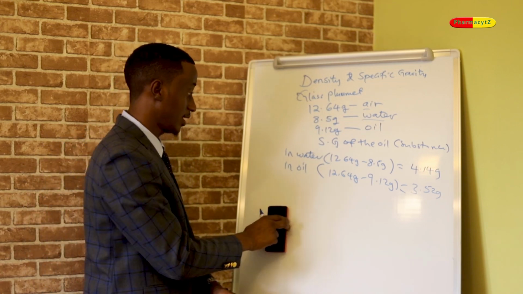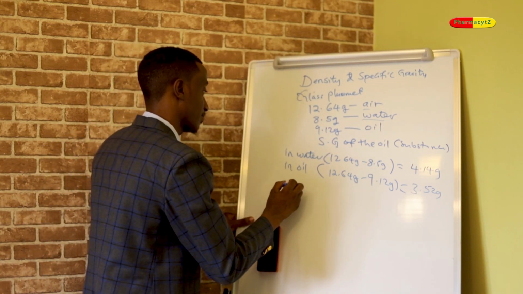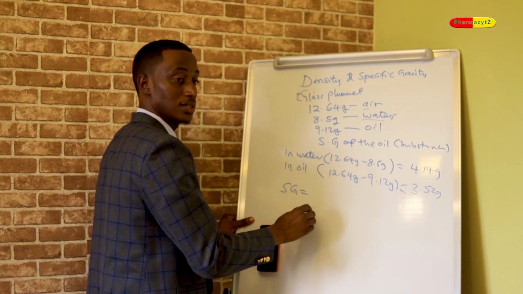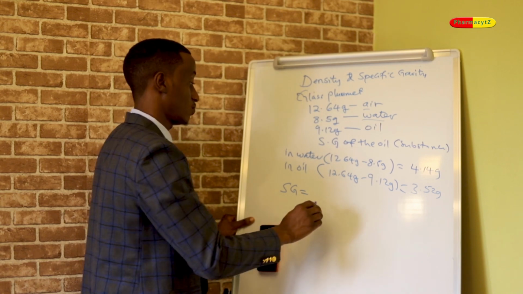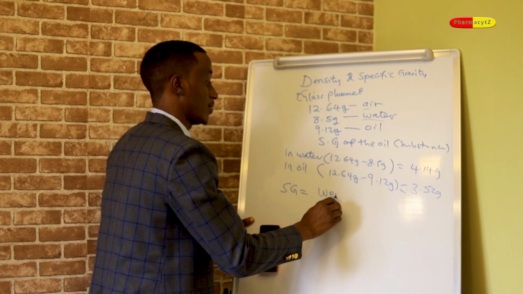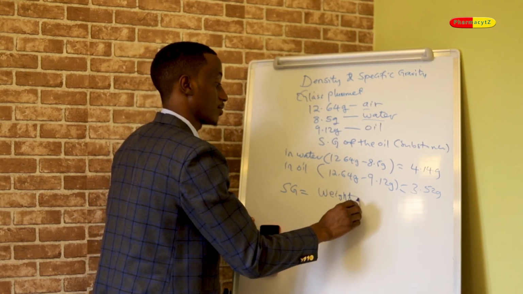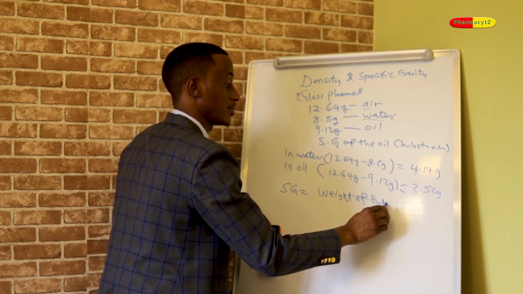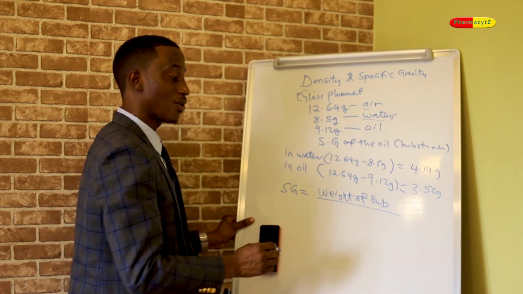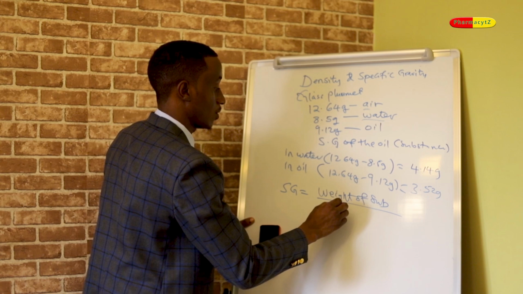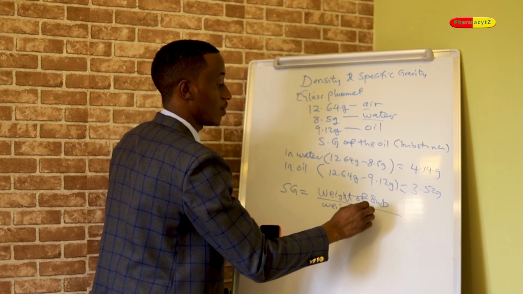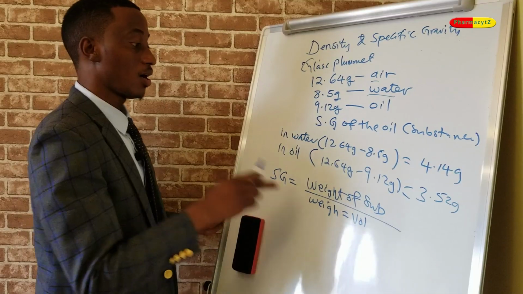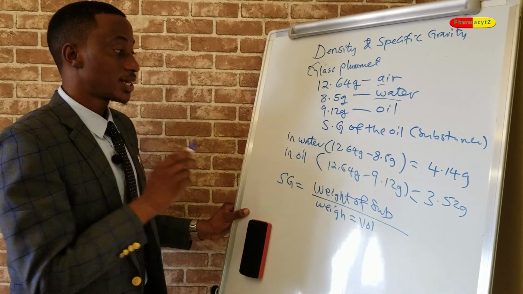What does the formula say for specific gravity? Specific gravity is equivalent to weight of a substance over weight of equal volume of water. Okay, what is the substance here?